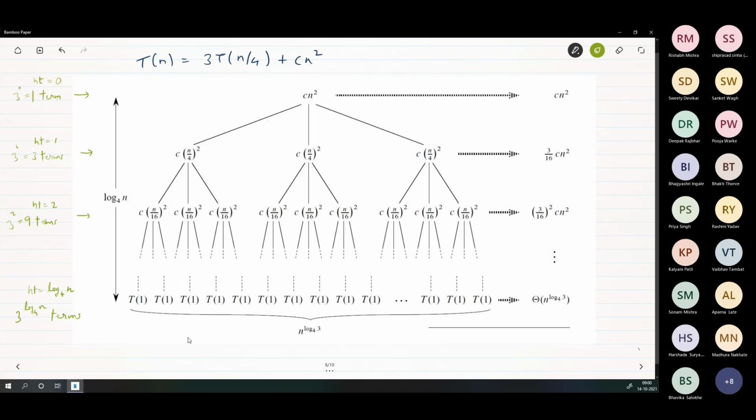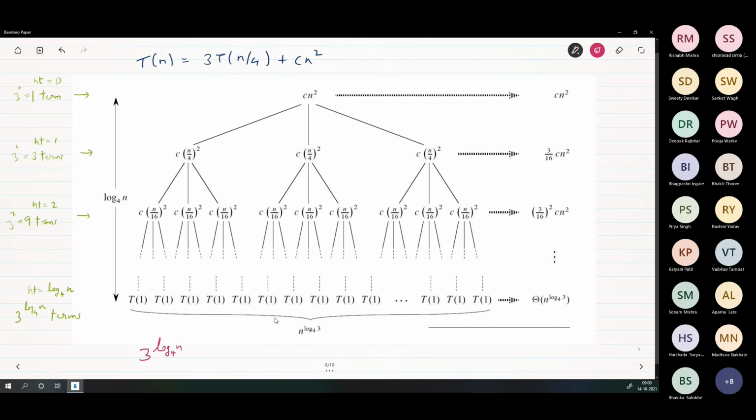Now let me just try to rewrite this. 3 to the log n to the base 4. Let us say we want to convert it to something simpler. We want to write it as n to the something all the time. They are already given the answer here.